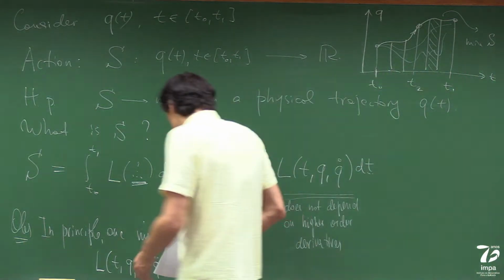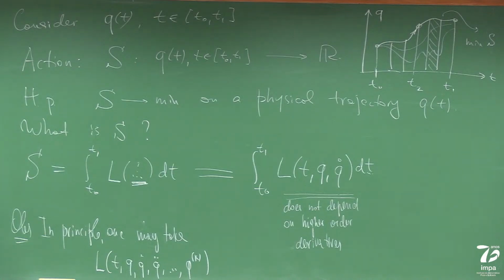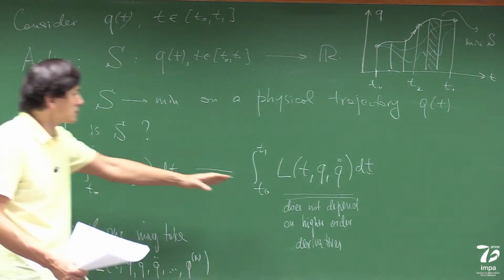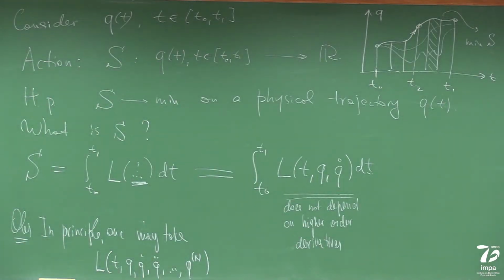So why don't we put in a higher order derivative? This is already a question. It's more like a philosophical question. One reason is that this is the simplest version which works. Second, of course, the theory which comes out from this formulation agrees very well with nature.